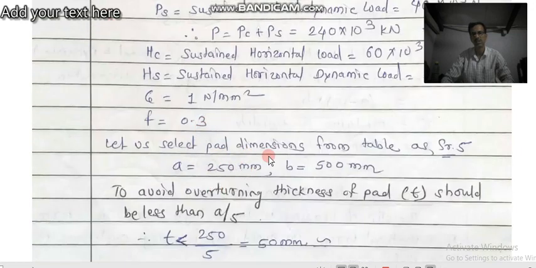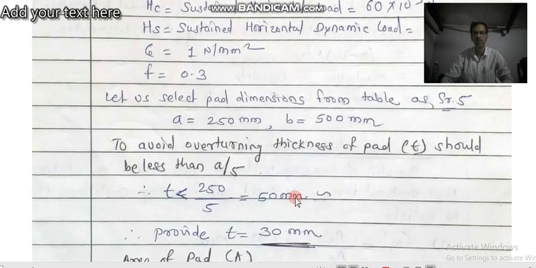Let us select the pad dimension from the table, serial number 5, where A is equal to 250 mm and B is 500 mm. To avoid overturning, the thickness of the pad, T, should be less than A by 5. In the first step you have to decide the thickness of the pad.